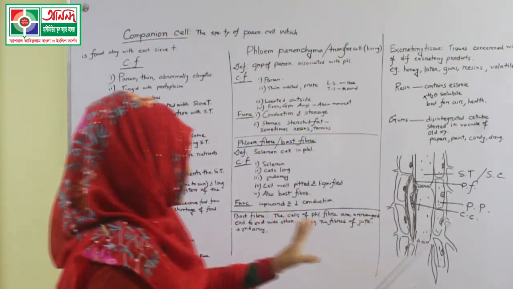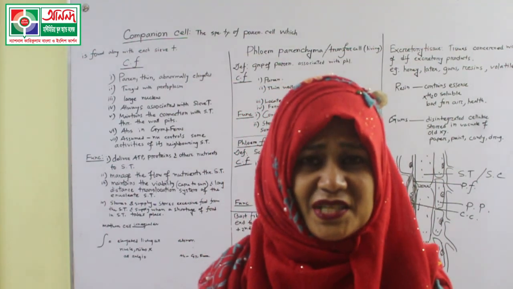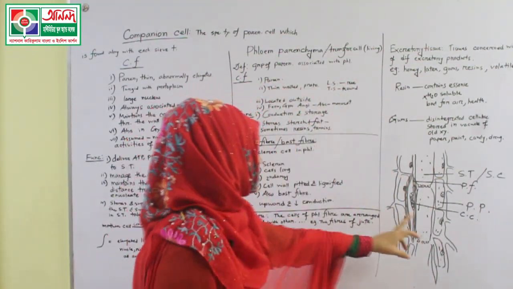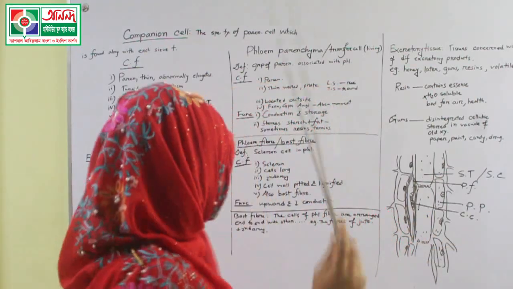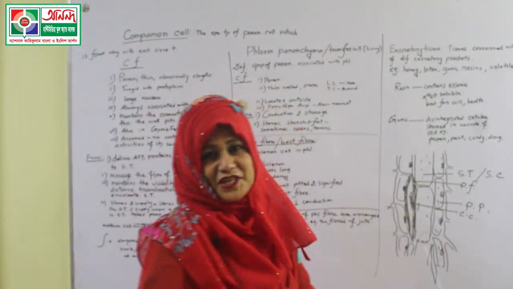And it is assumed that the nucleus of the companion cells, sometimes, and I say that most of the time, controls the flow of the nutrients of the neighboring cells. That means the sieve tubes.